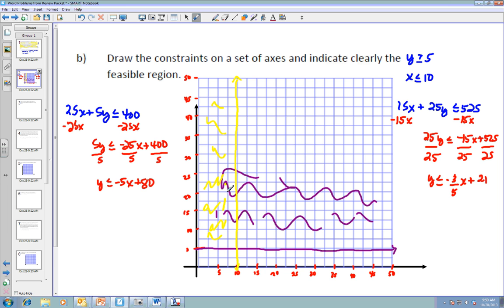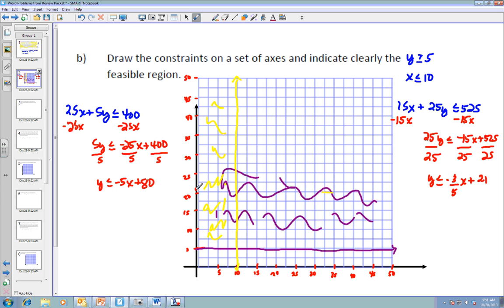Okay, let's do this one. When I graph this one, we'll do it in red. 21 is my y-intercept, so I'm about right here. And then negative 3/5 is my slope.